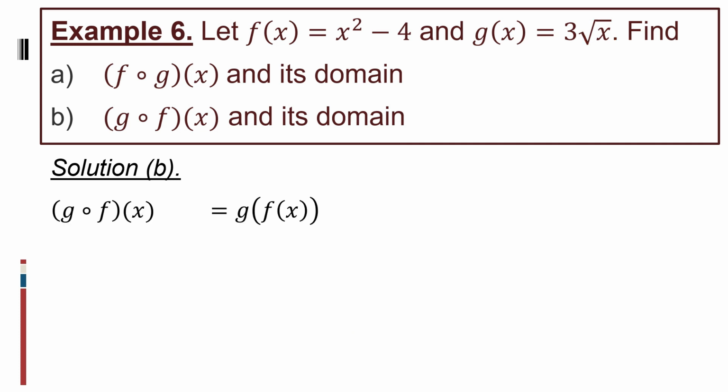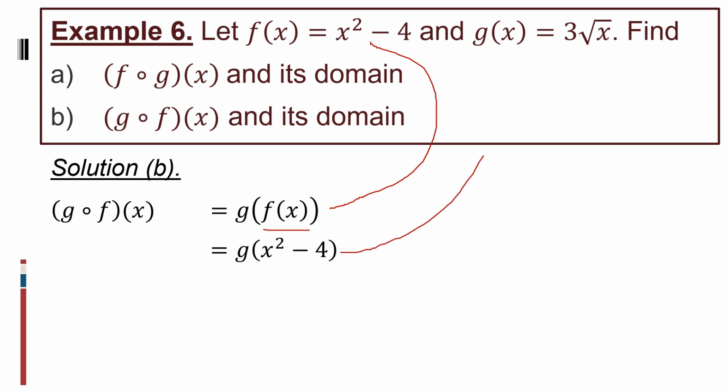And for letter B, g circle f of x is equal to g of f of x. So, f of x is, eto siya. So, pwede kong palitan, gagawin kong g of x squared minus 4. Then, evaluating g now at x squared minus 4, we have 3 times the square root of x squared minus 4. So, what is now the domain of this?